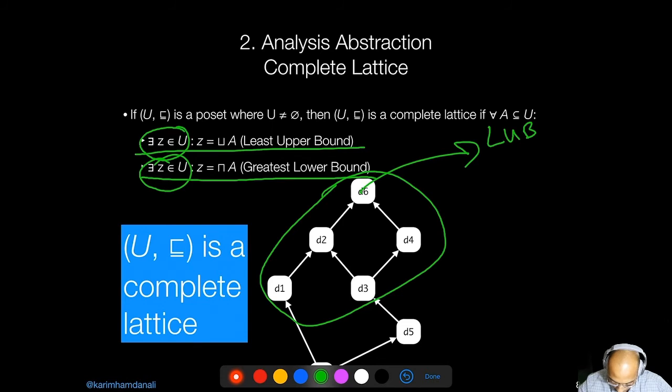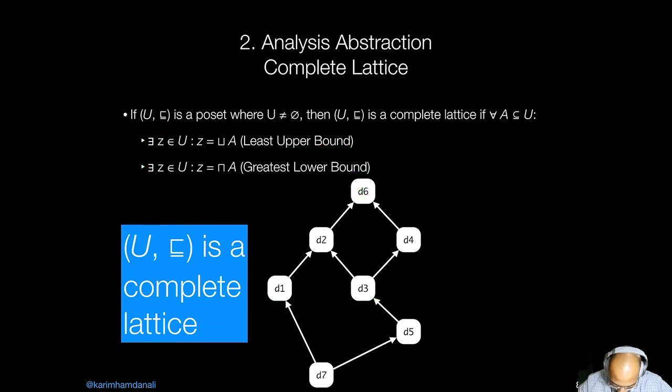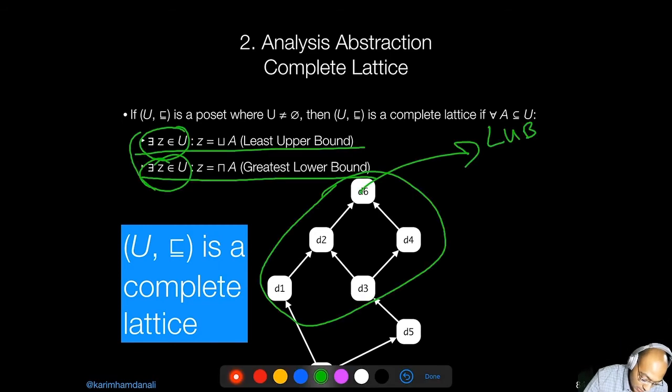So in this case, the greatest lower bound for these elements would be the element D7, which is an element of U, but it doesn't have to be an element of the subset A. So I think the confusion might have been that the greatest lower bound and the least upper bound must be in the subset, but they don't. They must be in the whole universe. Okay, cool. So that resolves your question.